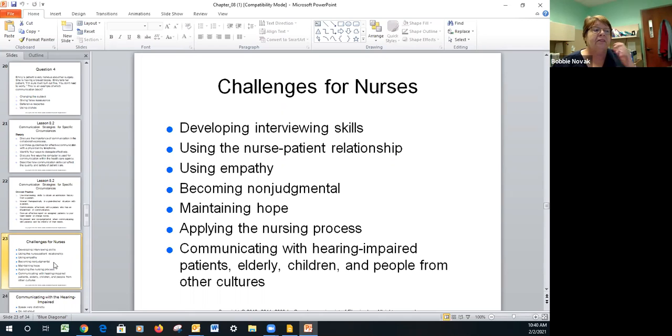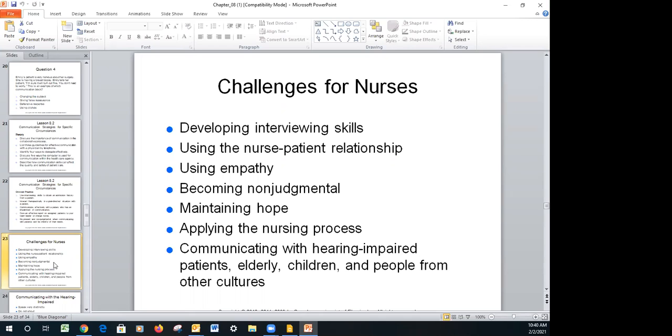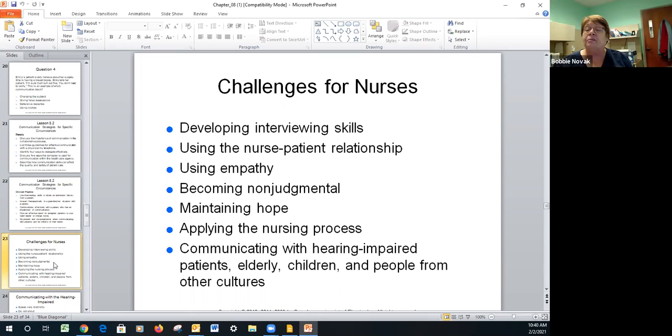Okay, so your opening is where you build rapport. You're going to come on a common ground with your patient. The middle part is the body of the interview, where we gather all our data. And then the ending, we summarize what we learned, just so that the patient and you are on the same page.